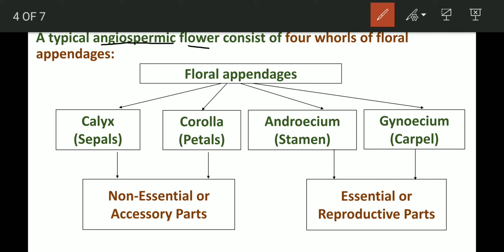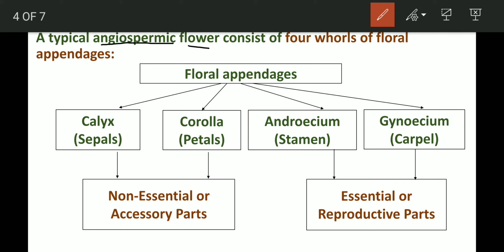I have told you by the vertical section about the floral appendages. The first appendage is the green, small leaf-like structures, called the calyx, or sepals. This outermost whorl consists of sepals. Second whorl is the corolla, the colorful appendage.